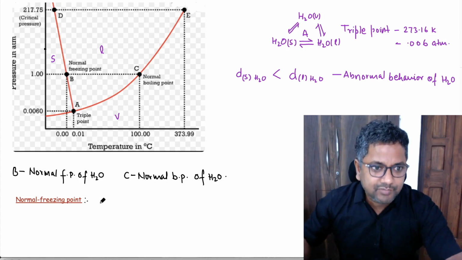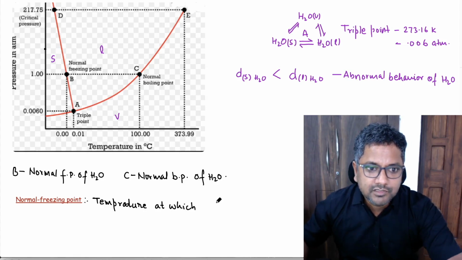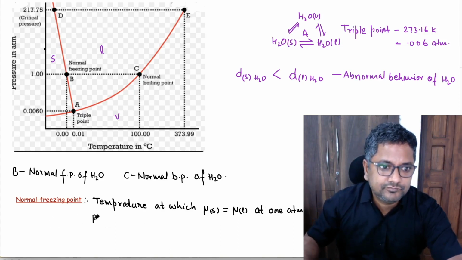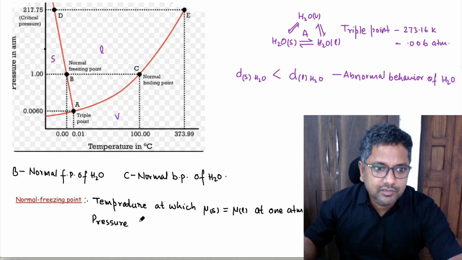So for the normal freezing point, we can make a definition: the temperature at which the chemical potential of solid is equal to the chemical potential of liquid, right, at 1 atm pressure for solid liquid equilibrium.